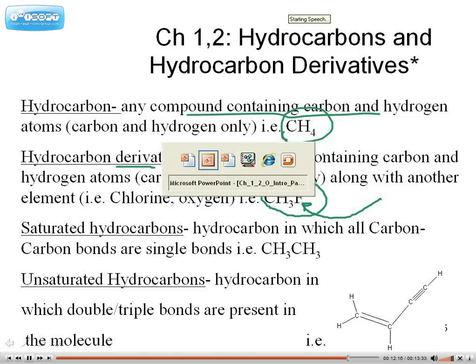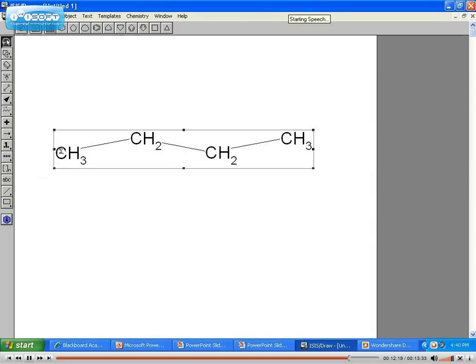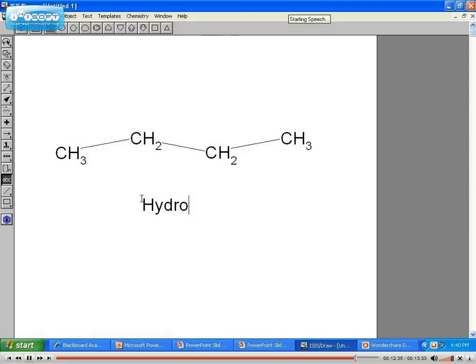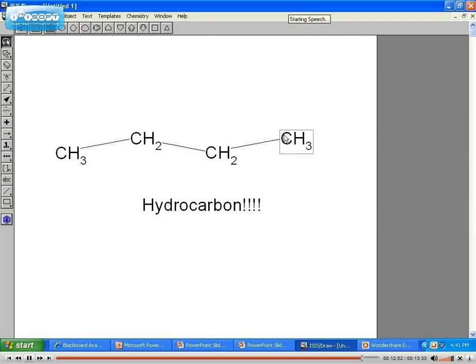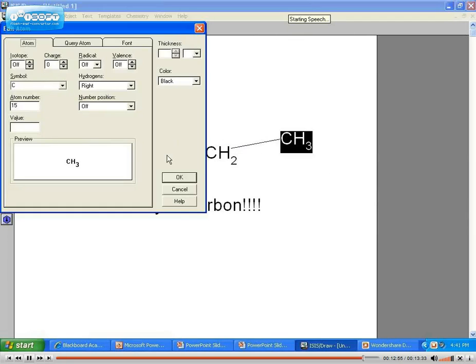So taking this concept really quickly, let's go to my viewer. What would this be? This would be a hydrocarbon or hydrocarbon derivative. This is a hydrocarbon. Now, if I wanted to, I could modify this and turn this into a hydrocarbon derivative simply by adding in another element.